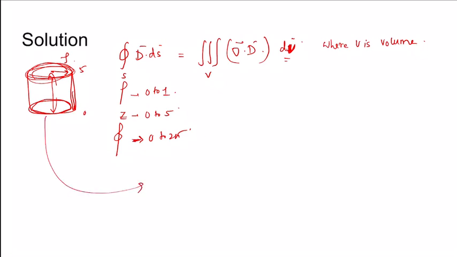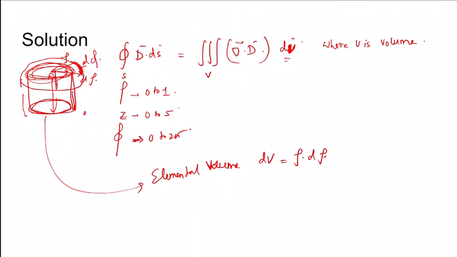So now given this, the elemental volume dV for a cylindrical system is given by rho d rho d phi dz, because if this is rho, we go d rho, d phi, and this is dz. So rho d phi, this is a rectangle-like thing, so we get this area, that is rho d phi into d rho, into dz.